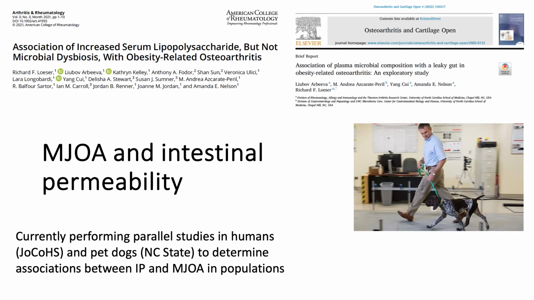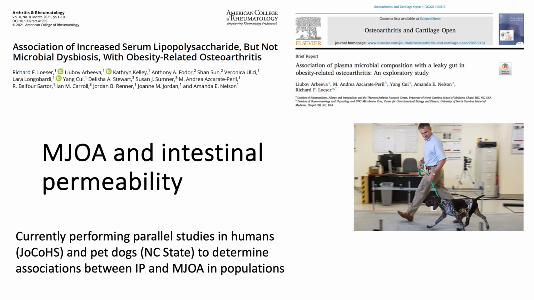So we actually have an ongoing study right now specifically about intestinal permeability and multi-joint osteoarthritis in humans, in the study I've already shown you, but also in dogs. So if you think about any dog you've had, if you're a dog person, they often get arthritis as they get older, and many times they get multiple joint osteoarthritis. So dogs are a really interesting natural model of OA, particularly MJOA.